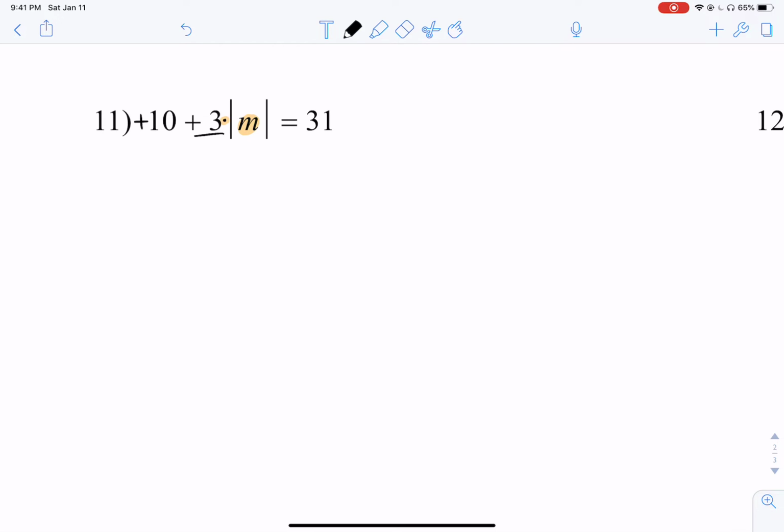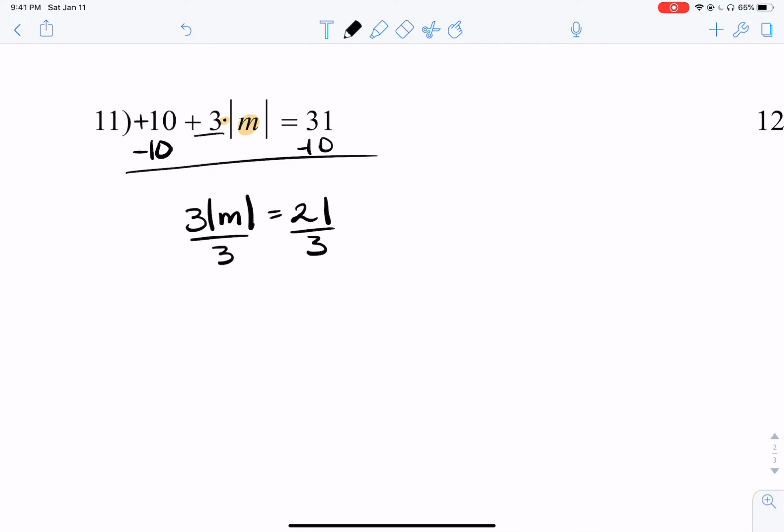Since the last thing I would do is add the 10, that's the first thing I'm going to get rid of. So I subtract the 10 from both sides. So 3 times the absolute value of m is equal to 21. I divide by 3, and the absolute value of m is equal to 7. So now m has to be positive or negative 7.